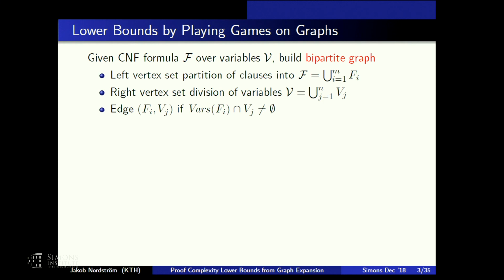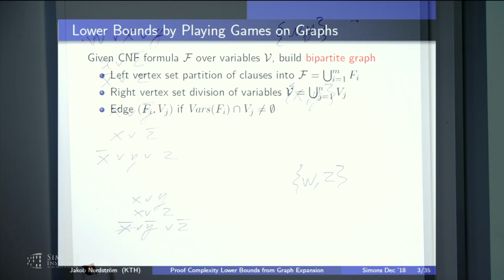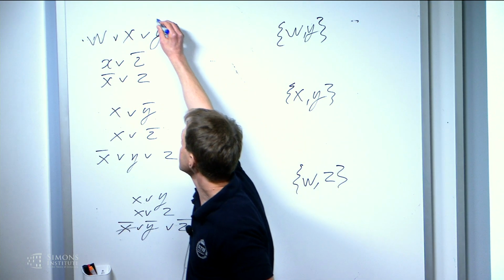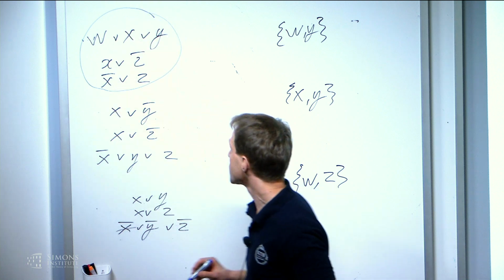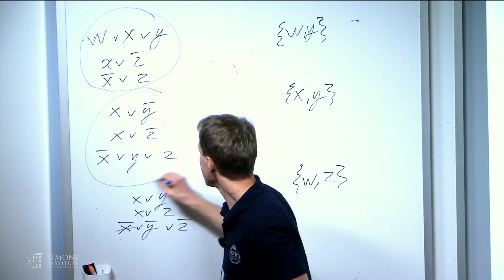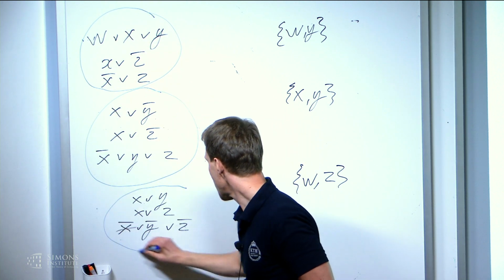So what are we going to do? Well, like most of these proofs, you look at the CNF formula. Suppose we have this CNF formula here. We'll analyze the structure, and then we'll build a bipartite graph from it. These clauses will go together in a vertex, and these will go together in a vertex, and here we have another vertex.